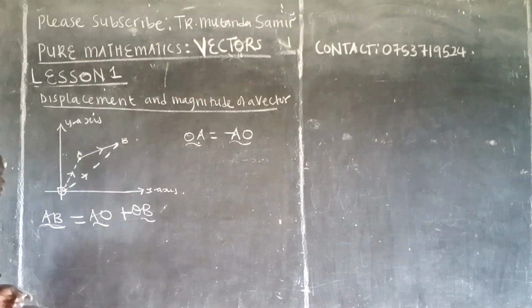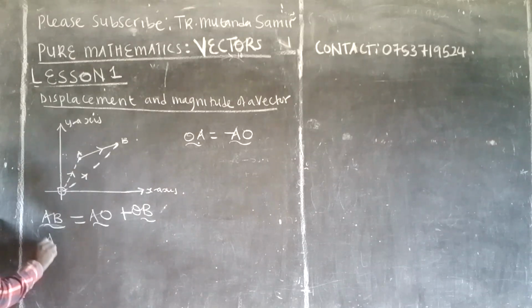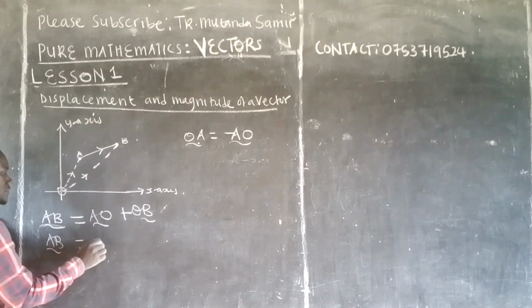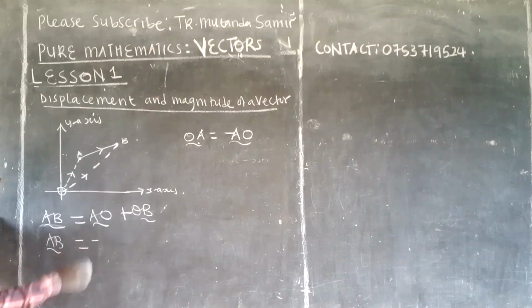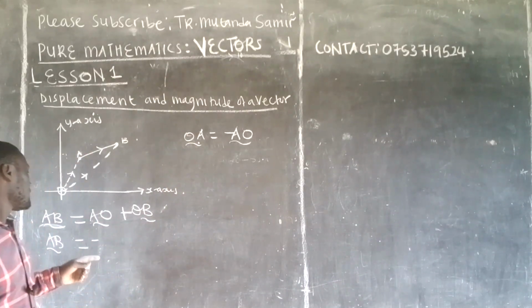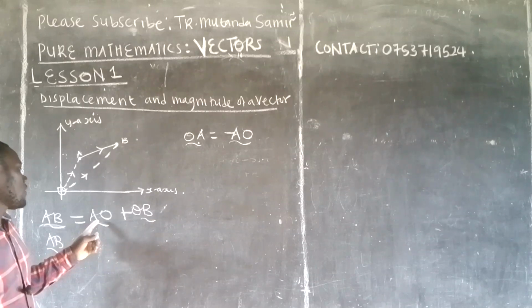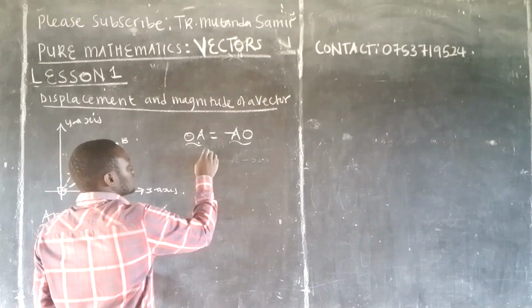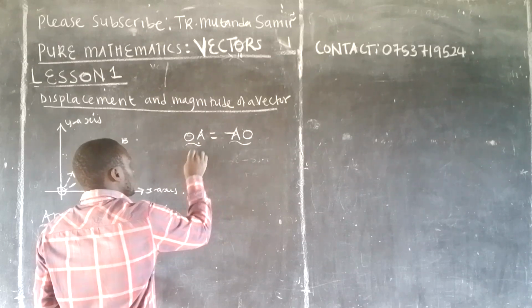Then that means that vector AB will be equal to negative OA plus OB.